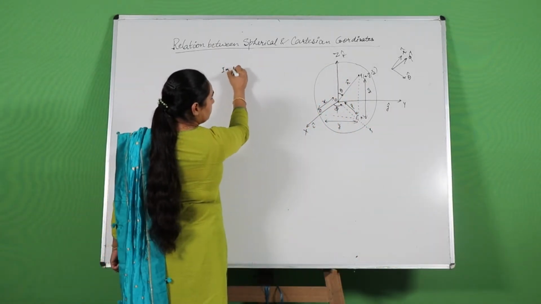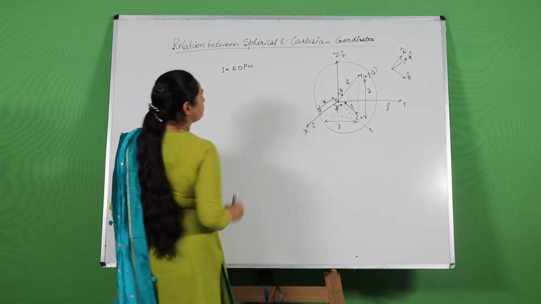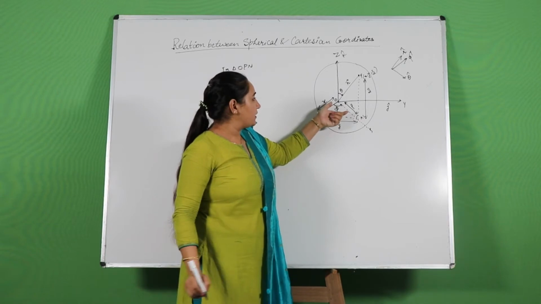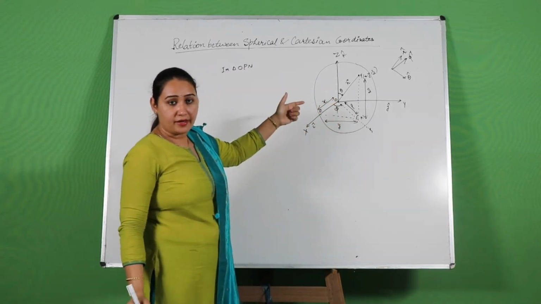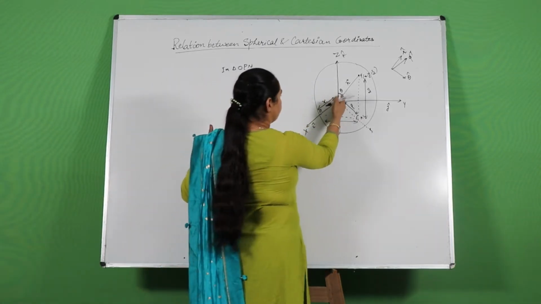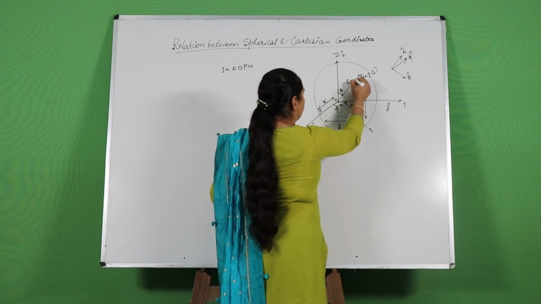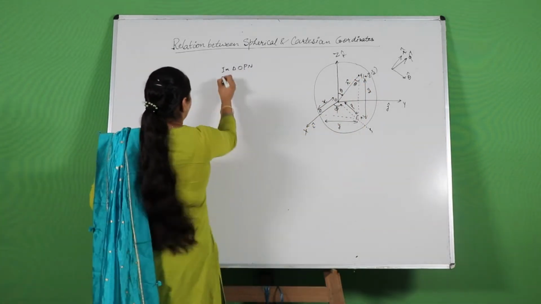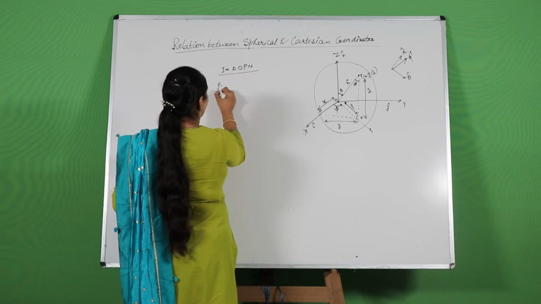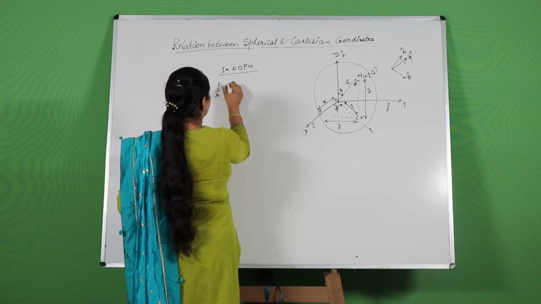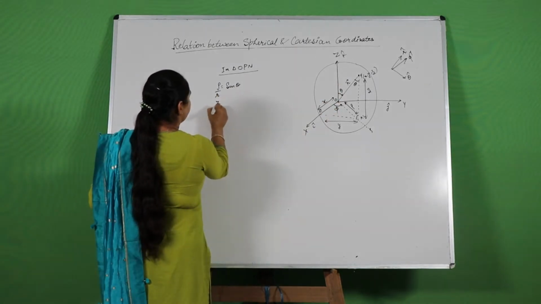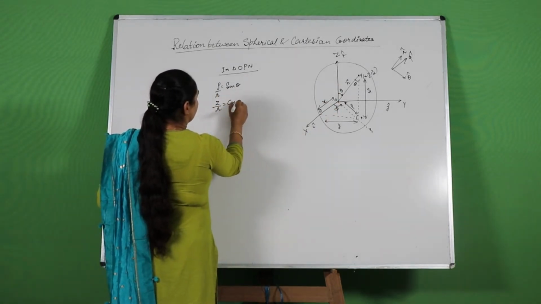Now to find the relation between the spherical and Cartesian coordinates, let us suppose we have a triangle OPN. In this triangle, first of all we want to find cos of theta and sin of theta. If this angle is theta, these two are perpendicular, this angle will also be theta. So rho by r will be equal to sin theta in this triangle, and z by r equal to cos theta.